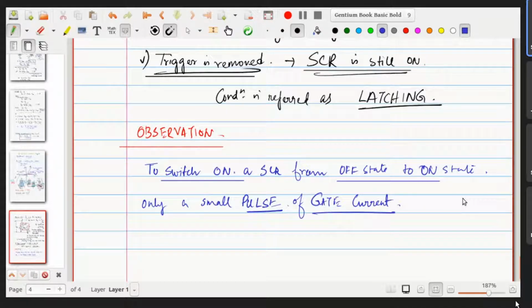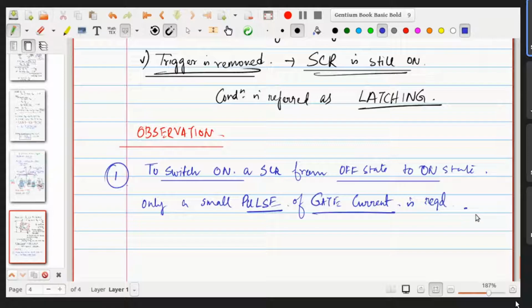Further, that SCR may also be triggered on with no gate current if the anode to cathode voltage is made sufficiently large. So what you can conclude, first and foremost, is that to switch on an SCR from the off state to the on state, only a small pulse of gate current is required.